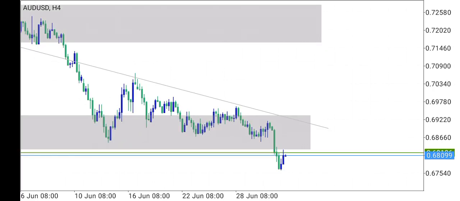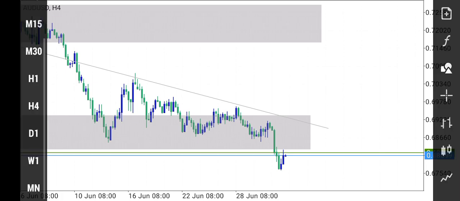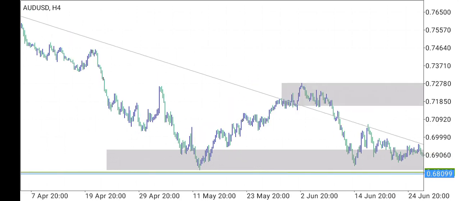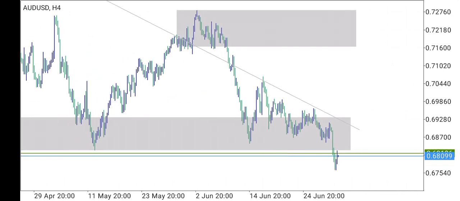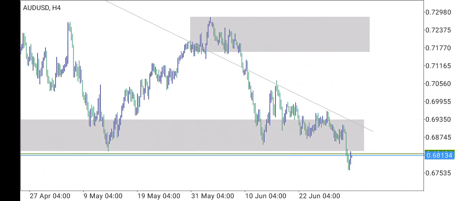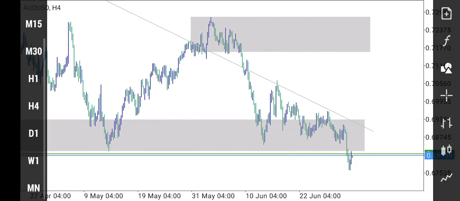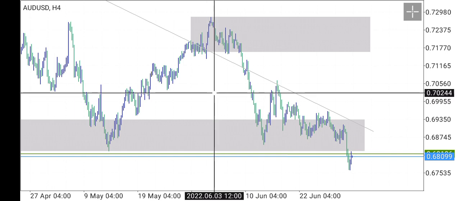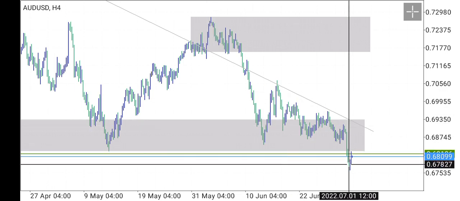This is the 4 hour. You can adjust your trend line if you want. If you don't want, you can use another trend line. But if you look at this 4 hour, you will see that price has already started moving.